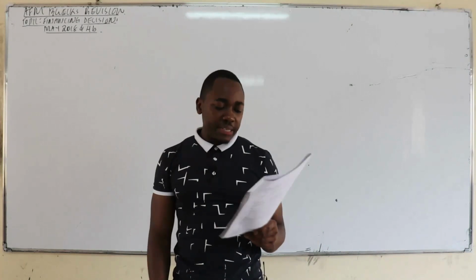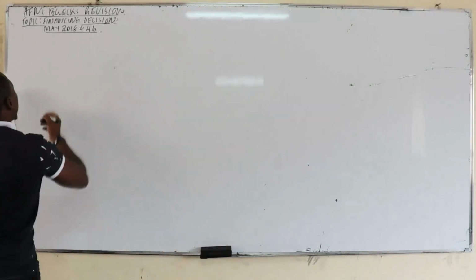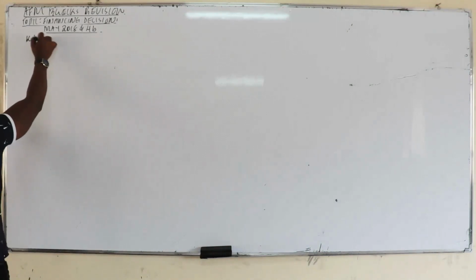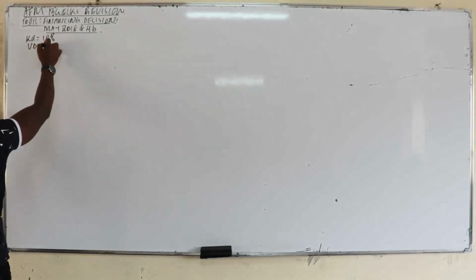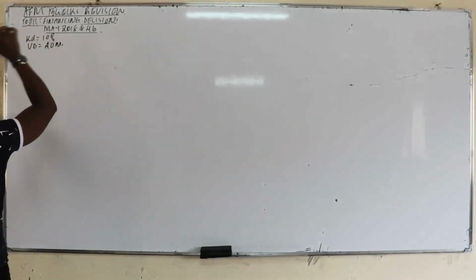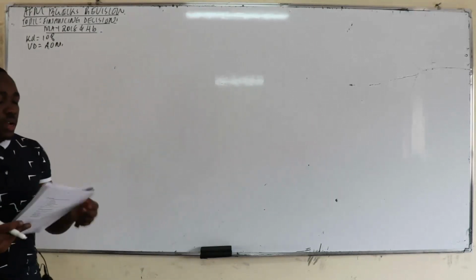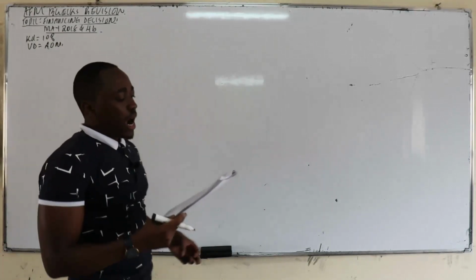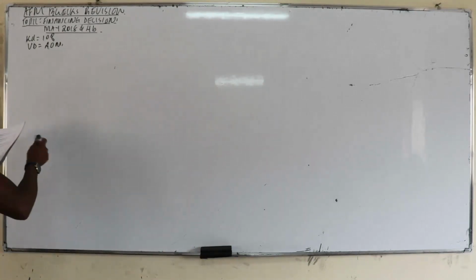The firm is considering borrowing 10% debt finance of 40 million. So if they use the debt, the cost of the debt will be 10%, and the value of the debt, they will borrow 40 million, in order to finance the expansion program. Additional information. Annual earnings before interest and tax generated by the firm are 60 million.